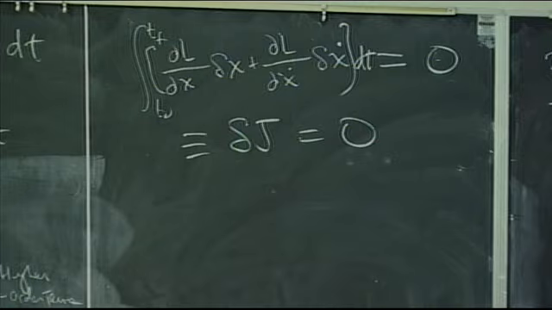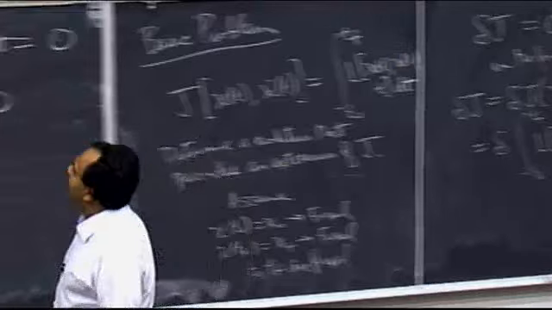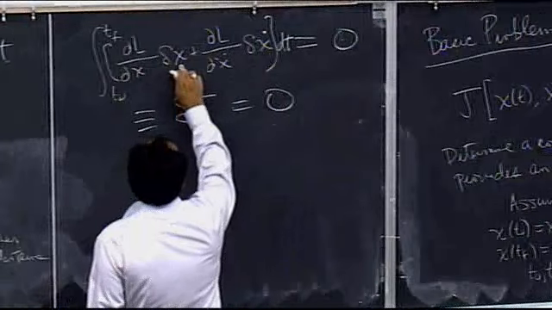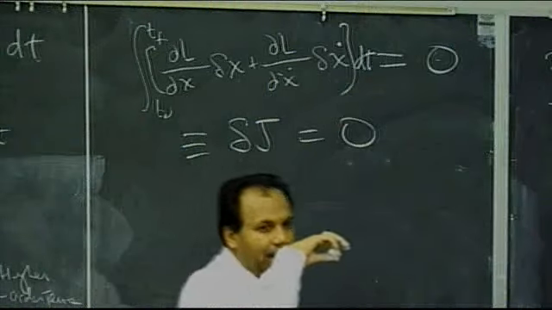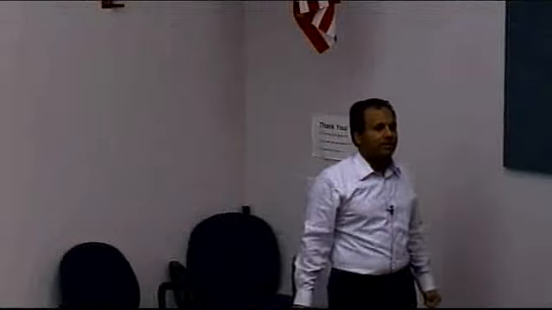Okay. Now, what's true about the variation in x and the variation in x dot? I have a function, x of t, and I have its derivative, x dot of t. I take the variation in x. Is the variation in x dot independent of the variation of x?